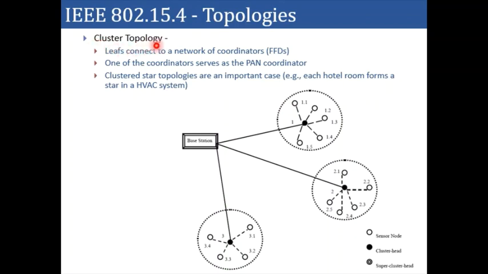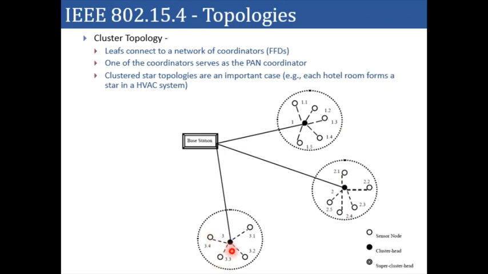Next topology is cluster topology, where leaves are connected to a network of coordinators. If you see this figure, we will have various clusters of these devices, where in the center you will have the PAN coordinator, or you can say the cluster head, and there will be multiple leaves coming out where the end of the leaf has a sensor node.